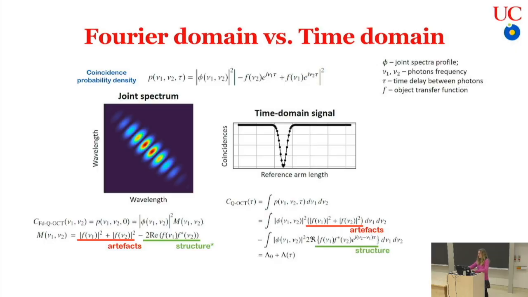Whereas in time domain quantum OCT, we have one artifact per interface pair. In Fourier domain quantum OCT, we will have two artifacts per two interfaces.